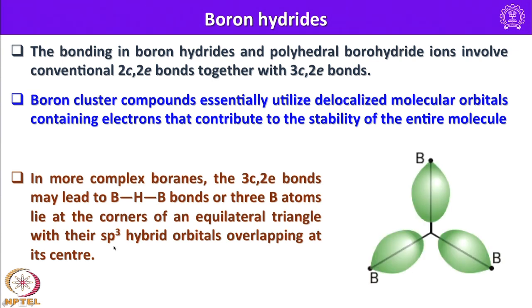You can see here, each boron atom has one empty sp3 orbital, and the 2 others have 1 electron each. They overlap in this fashion to form a bond of this type. This is also essentially a 3 center 2 electron bond.